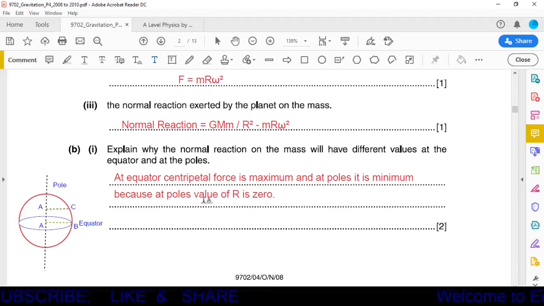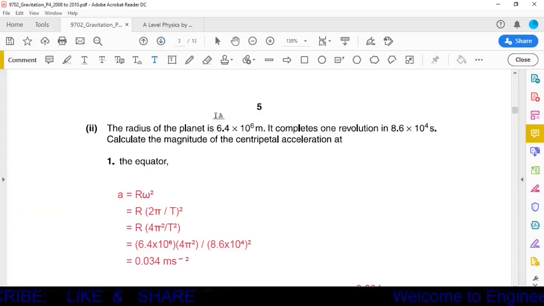At equator, centripetal force is maximum, and at poles it is minimum, because at poles value of r is 0. Okay, next part. The radius of the planet is 6.4 into 10 power 6 meter. It completes one revolution in 8.6 into 10 power 4 second. Calculate the magnitude of the centripetal acceleration at the equator.